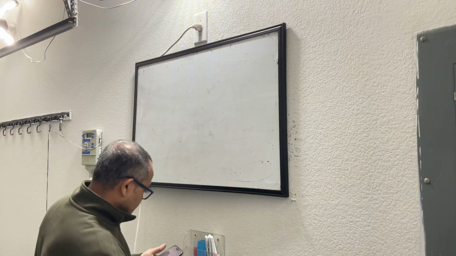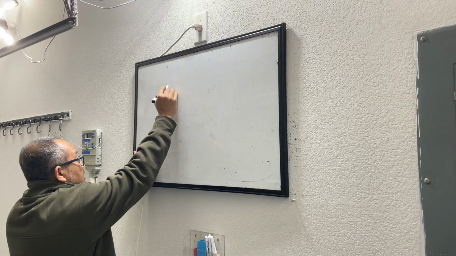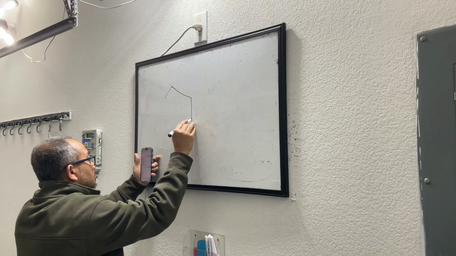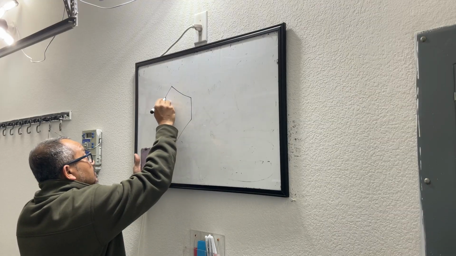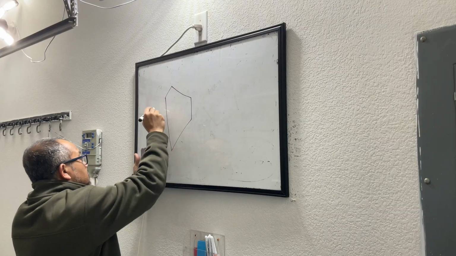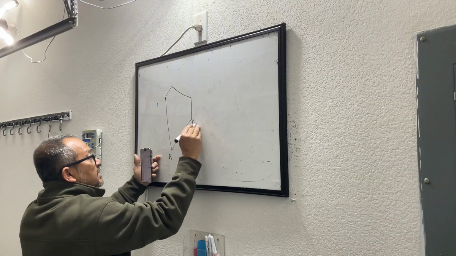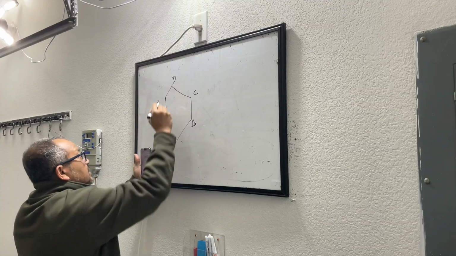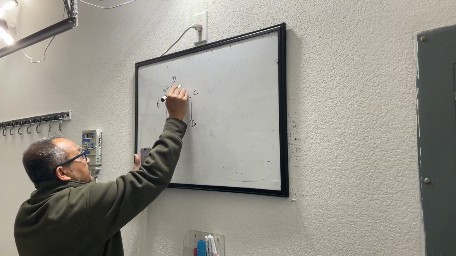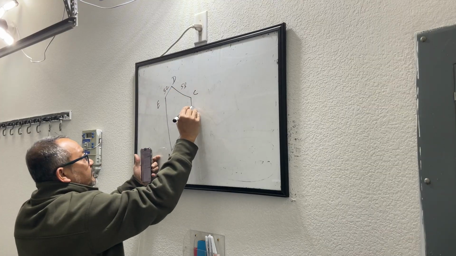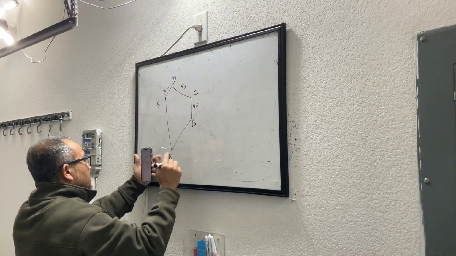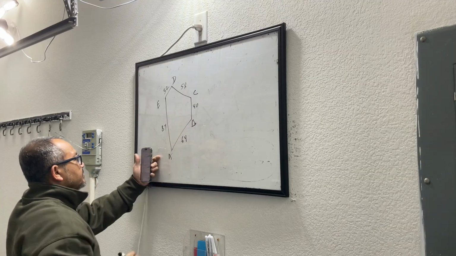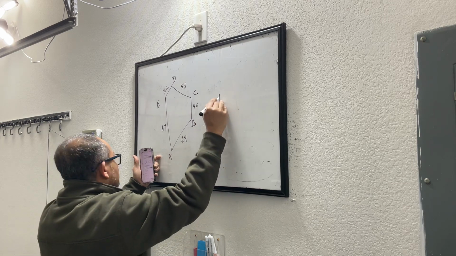So, this is A, B, C, D, E. Okay, this is 32, this is 58, this is 40, this is 64, this is 84, and this is the shape.